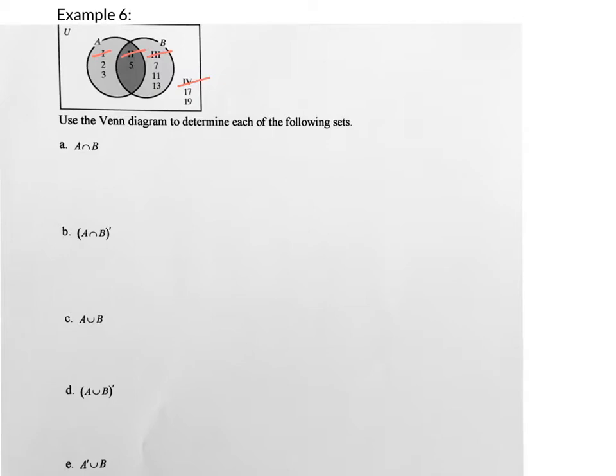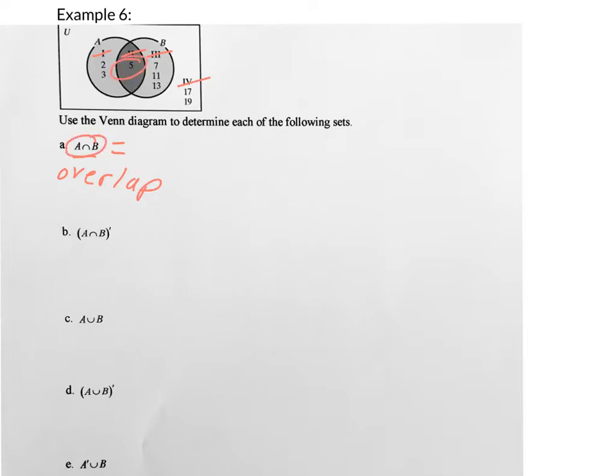So A says set A intersected with set B. You'll notice each of the sets is represented with a circle. It's labeled. So intersection, our memory trick was matches. Matches visually means where do the circles overlap. So the matches is the overlap spot. So where do circles A and B overlap?